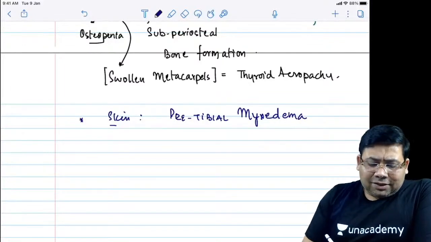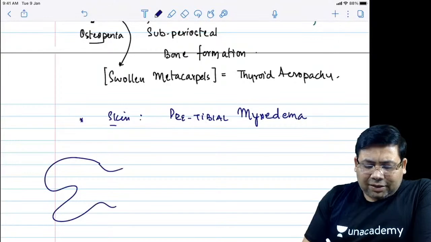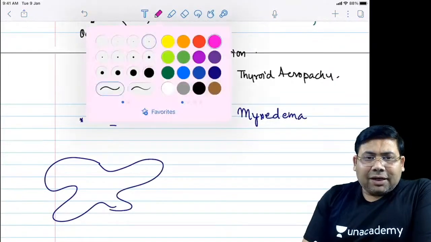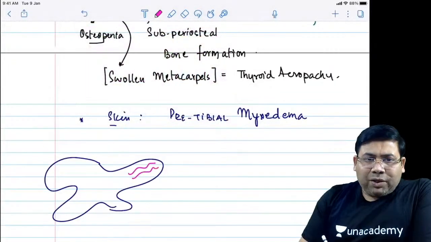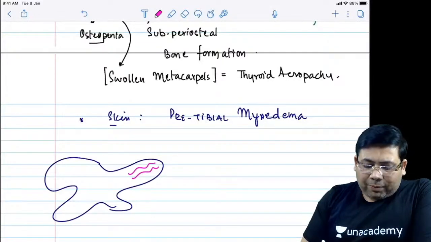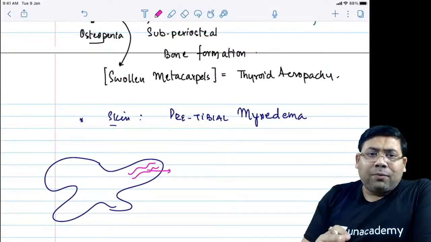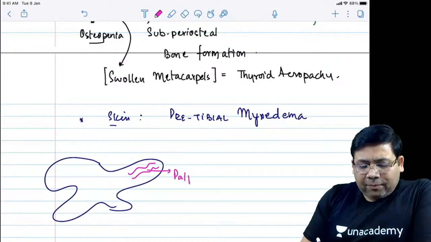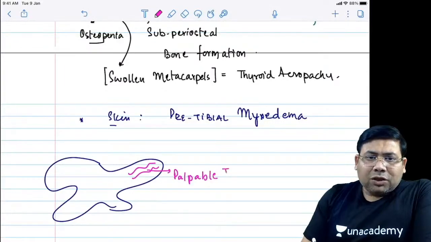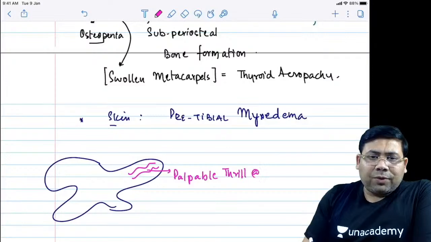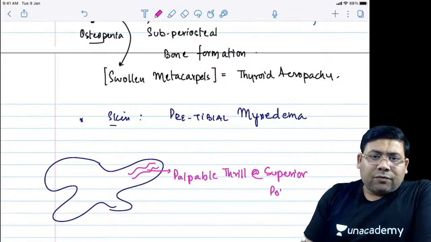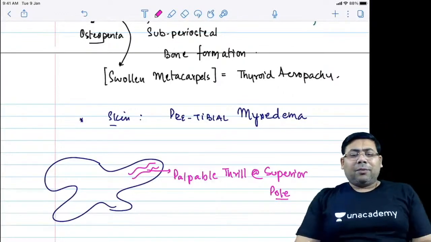Along with that, since the gland is hypervascular, the superior pole vessels might give you a palpable thrill or an auscultable bruit. So a palpable thrill along the superior pole is because of the hypervascular gland.